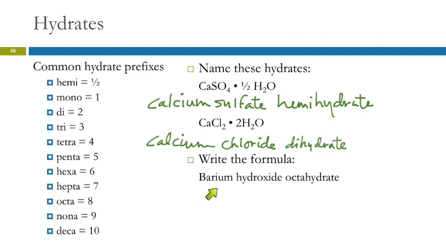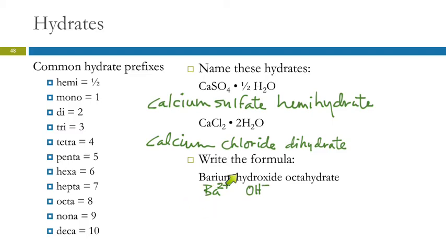How about this one? Barium hydroxide octahydrate. What's the formula for the barium ion? Ba with what charge? 2+. And what's the formula for the hydroxide ion? OH negative, because you memorize it.